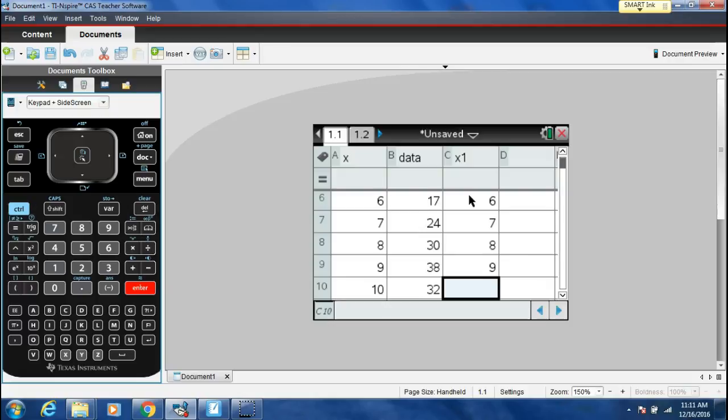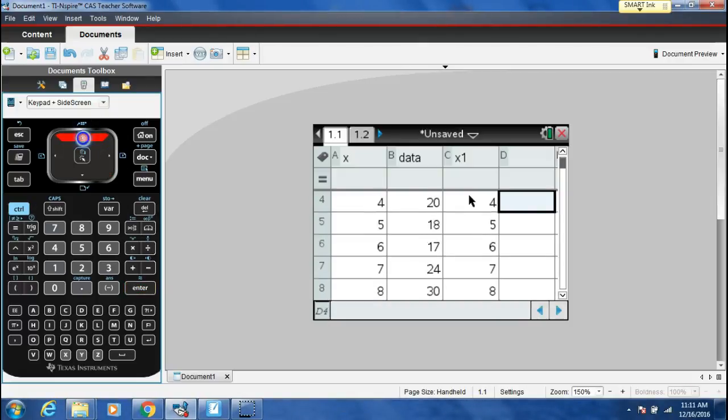Then I'm going to go over one column, and I got to go all the way up and label it. We said that that was a cubic, right? So I'm going to put C in that column for cubic, because that's my cubic part. Then I'm going to go down, and here I've got to put in those corresponding values.